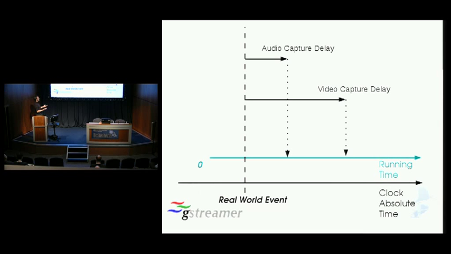So we're going to end up in that situation where when we finally get the corresponding audio and video data, we actually get two different clock times. But we want them to have the same buffer timestamp. We want them to correspond to the same moment in time. So what do we do?